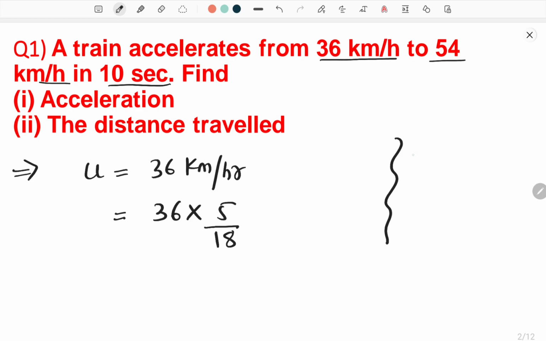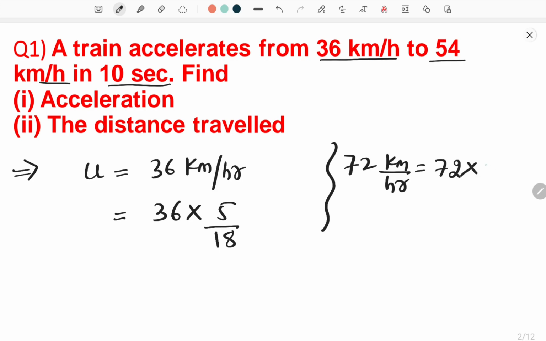For example, let us take 72 km per hour. How does it become meter per second? It becomes 72 into kilometer, which means how much? 1000 meter, don't you think? So 72 km per hour means 72 into 1000 meter divided by 1 hour, which is 3600 seconds.